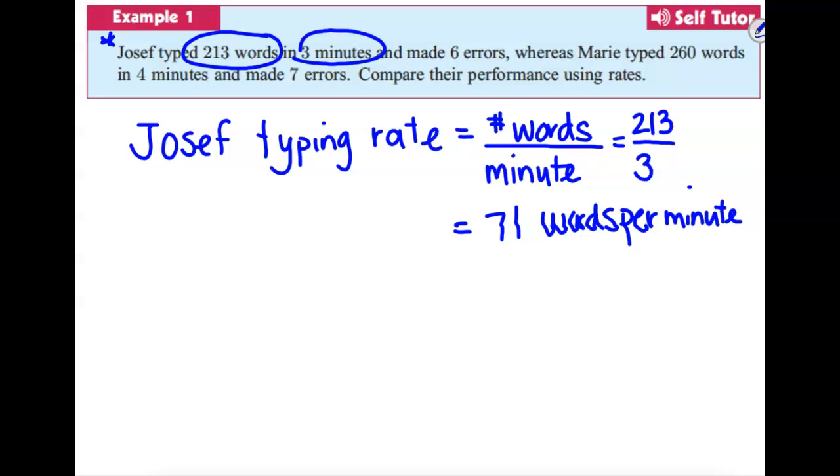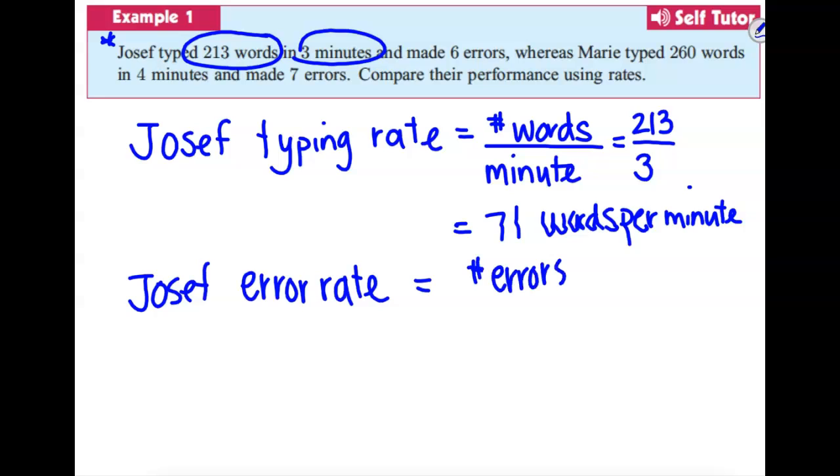And now the next rate we're going to talk about is the errors that occurred. So again, we'll continue with Joseph, and our error rate equals the number of errors divided by how many words he typed. So he had 6 errors and there were 213 words.